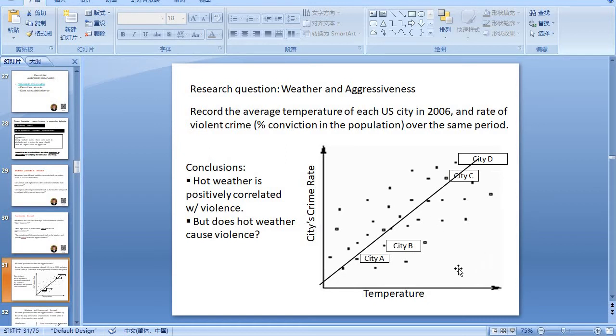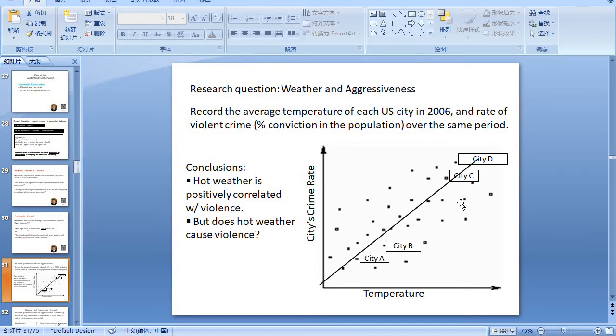You can see that those cities with high temperatures tend to have larger numbers of crimes recorded. On the other hand, those cities with colder or lower temperatures tend to have fewer crimes recorded. This is a trend.